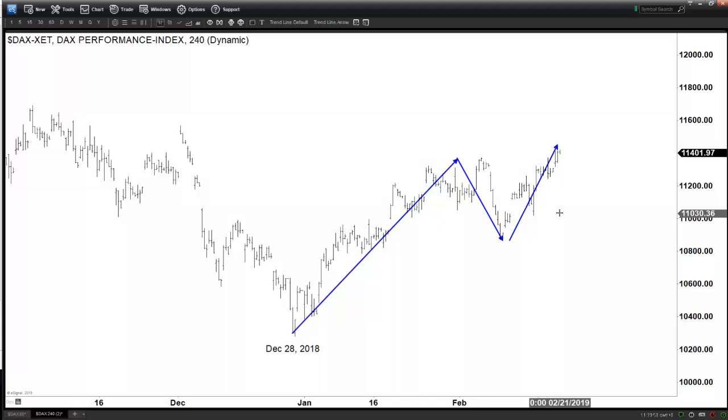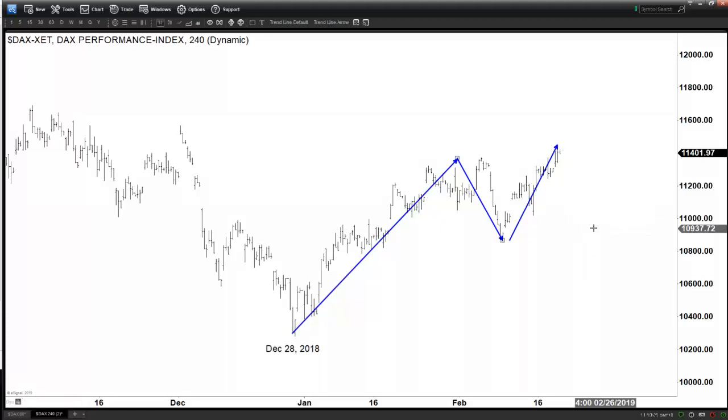Another possibility is that we are doing a flat, but we already got a flat here, so it is rare that we have two flats at the same time. So for example, maybe a flat from here, A, B, C, and then if that's the case, it's going to sell off in 5 waves down.